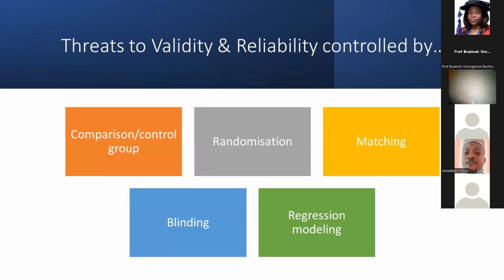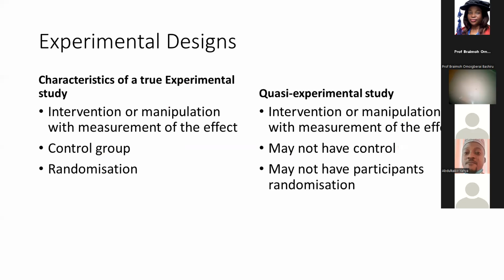All right. So these are the things that we're going to discuss. Just to remind you, an experimental design has an intervention, so there's a manipulation, there's a control group, and then there's randomization. These are the three characteristics of a true experimental design.